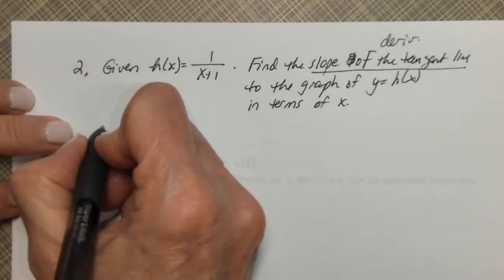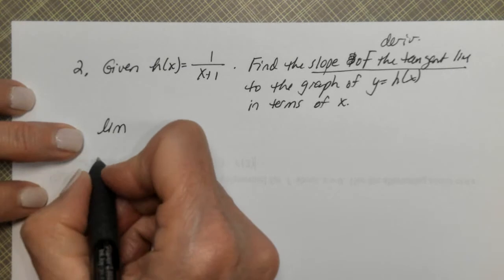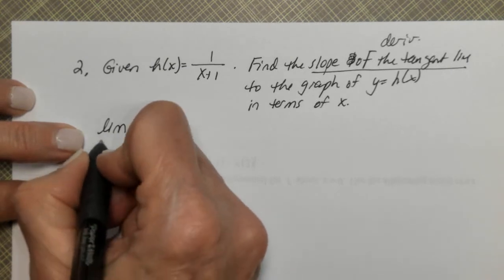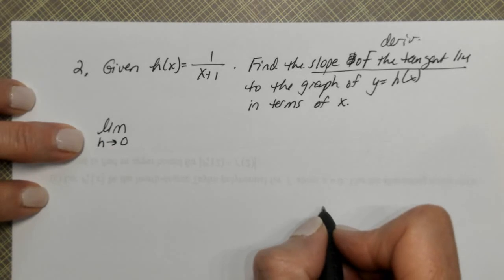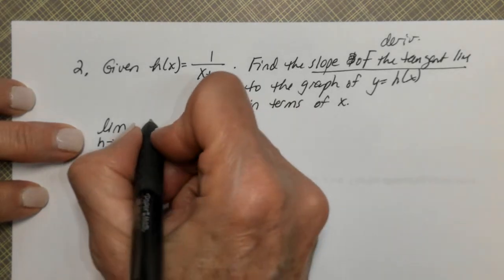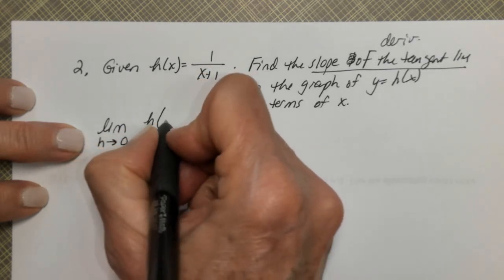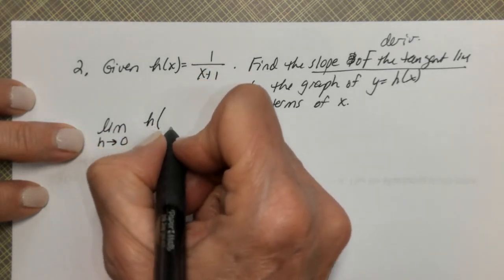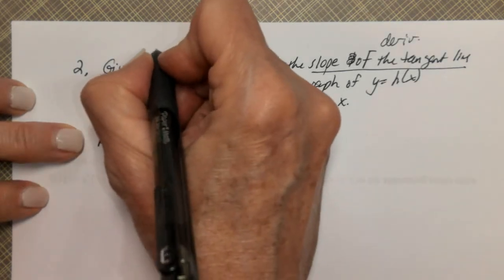So I'm going to set up my limit. The limit as, and this time instead of saying delta x, I'm going to say h. H is going to 0. So I'm replacing my delta x with h, and I will have h of, that's going to be confusing. Let's not call this guy h. Let's call this guy f.